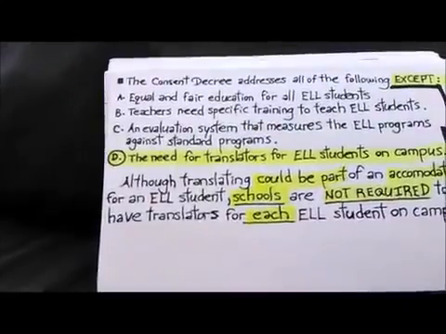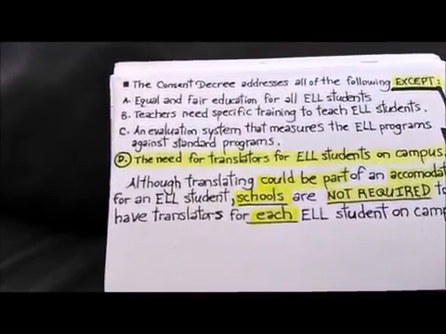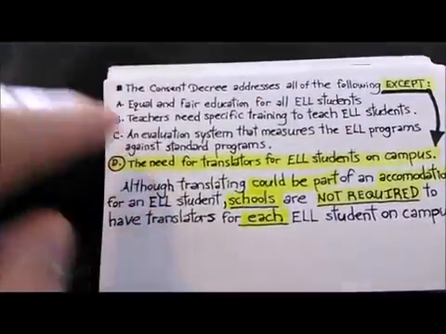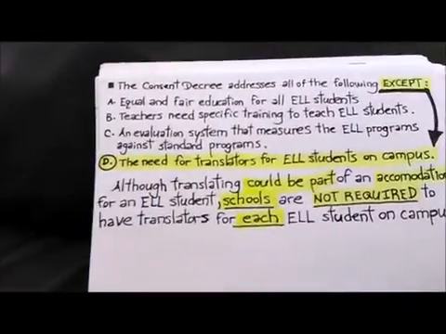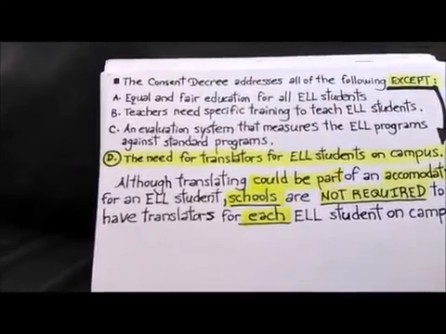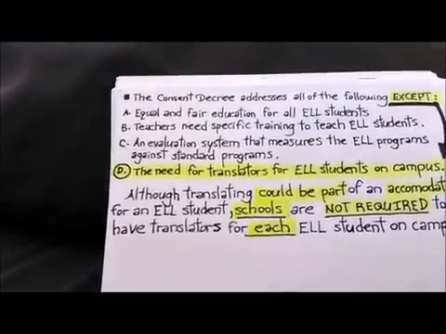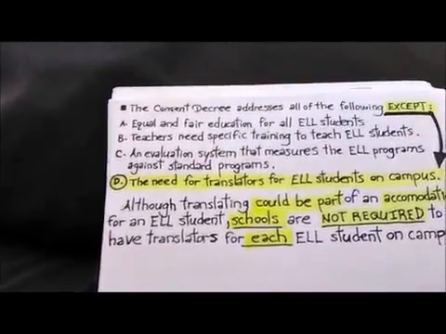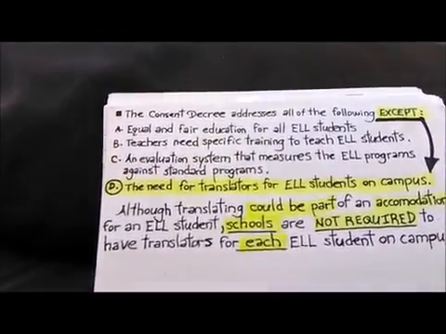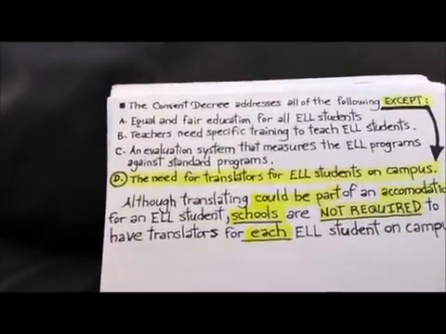The Consent Decree addresses all of the following except this one, okay? The need for translators for ELL students on campus. Although translating could be part of an accommodation for an ELL student, schools are not required to have translators for each individual ELL student on campus.